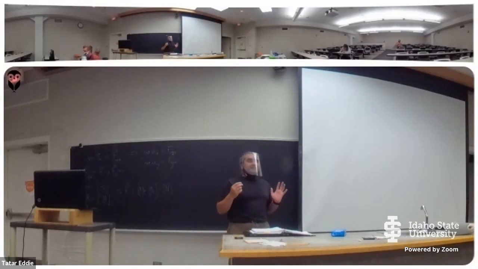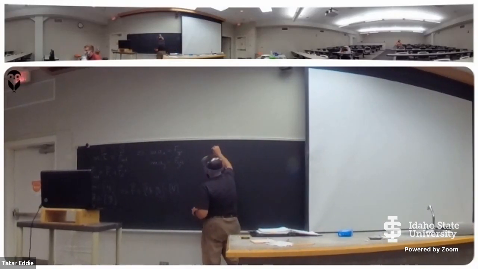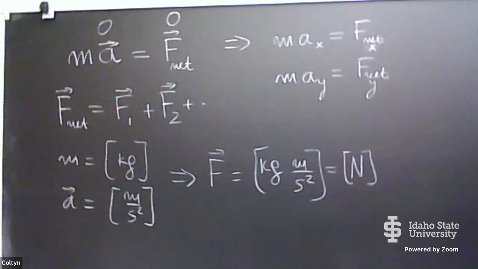And it is a simple expression which says that if you have one object, and for simplicity, we're going to consider those objects as point-like objects, very small compared with the distance between them.